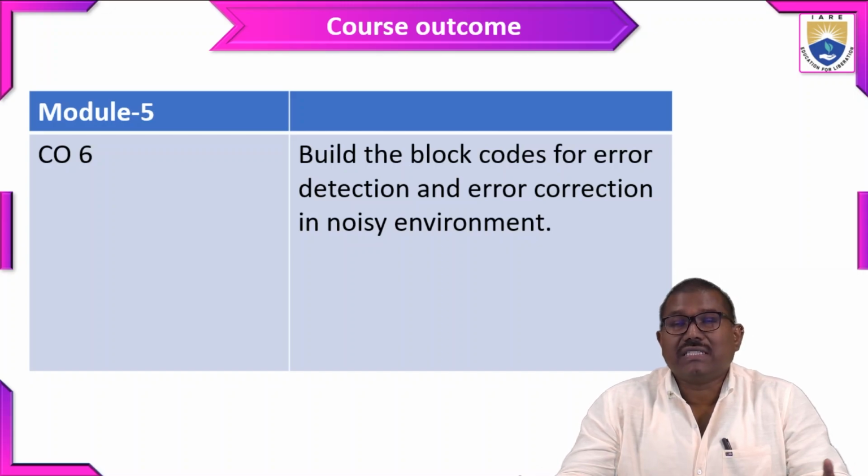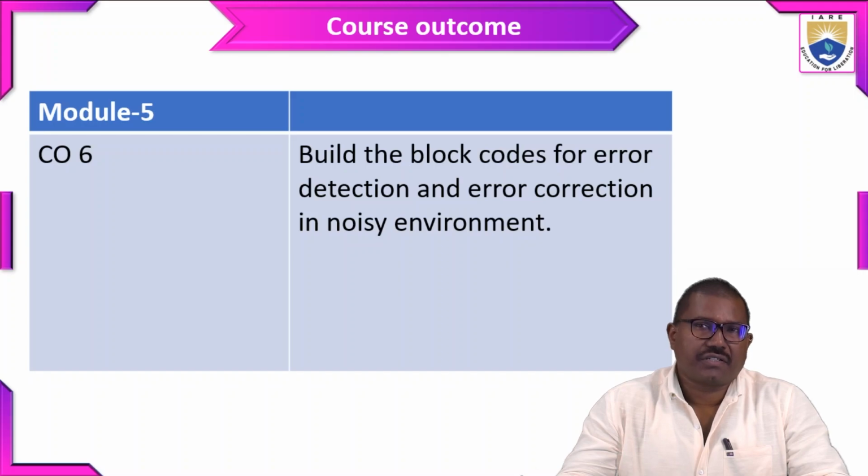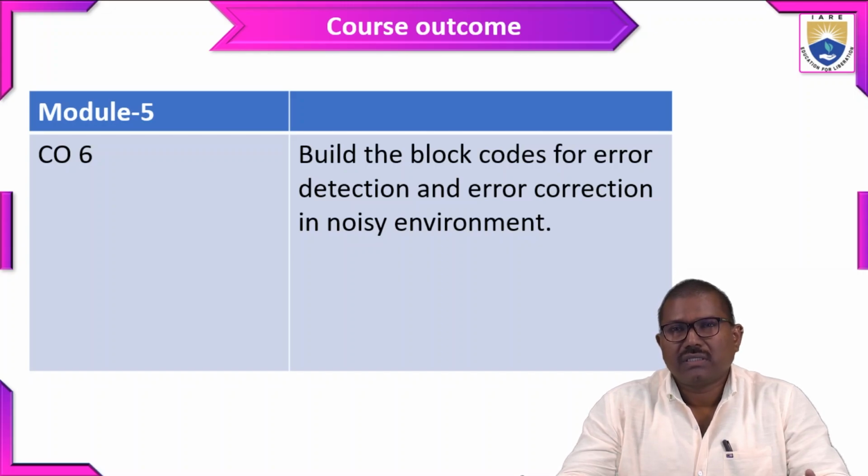How to generate the block code? By using the block code, how do we find error detection, and how many errors can we correct? Why? Because these errors are generated by noise. So when noise is increased, there is a chance to produce errors.